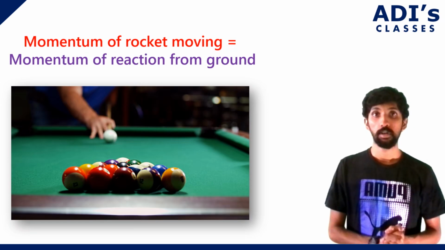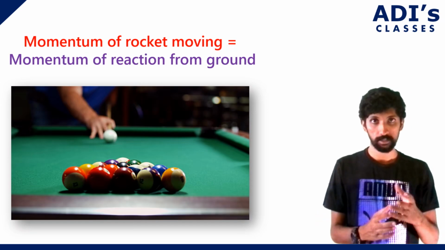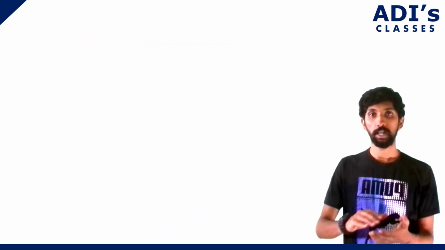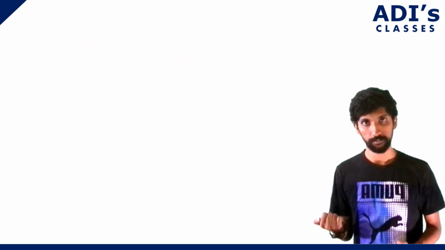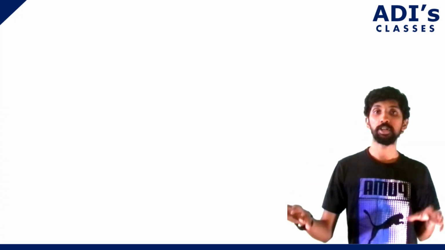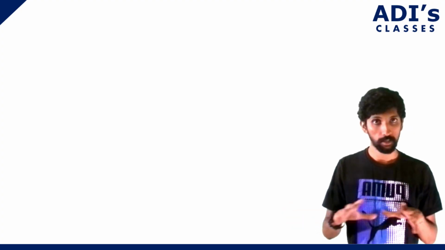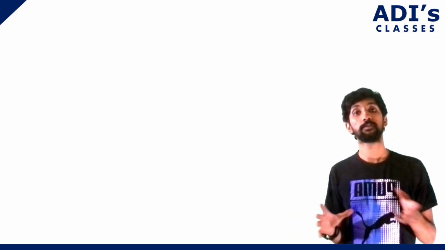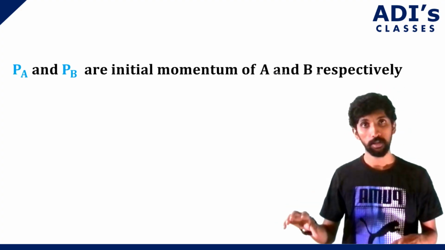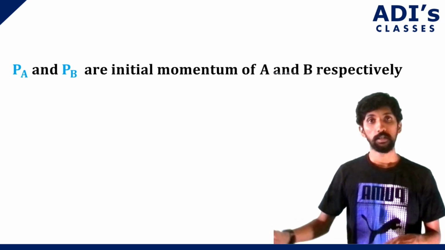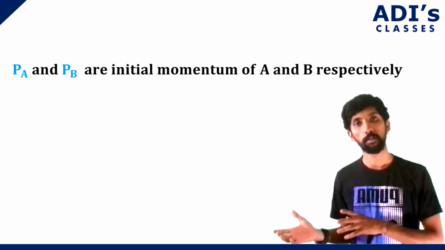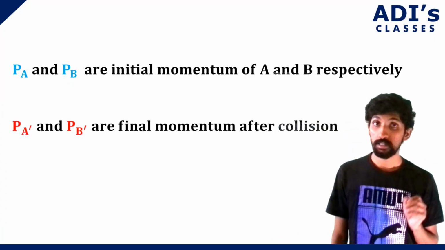In this case also, the initial momentum of the ball you're hitting, let's say the white ball, goes and hits the red ball. The initial momentum of the red ball and the initial momentum of the white ball together is the initial momentum of the system. Next, as the white ball collides with the red ball, the red ball moves forward. So the initial momentum and final momentum of the system are conserved.